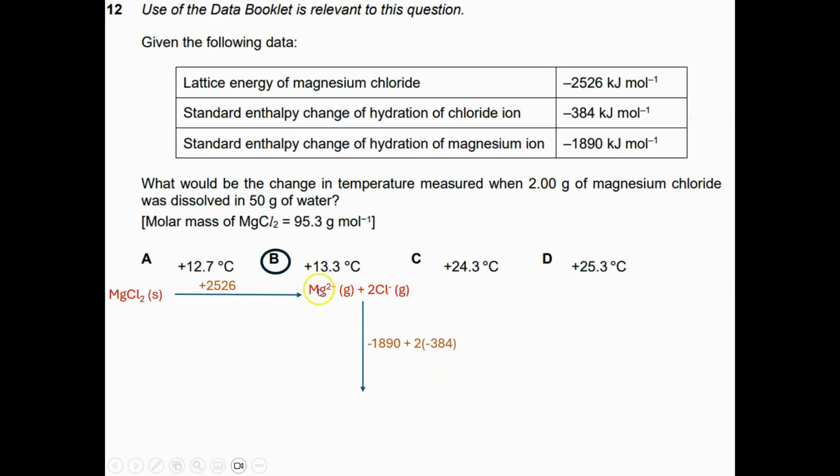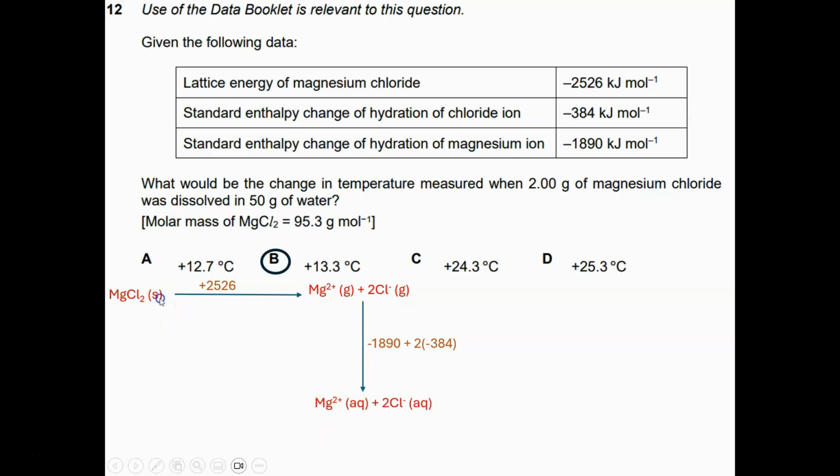So to hydrate magnesium ion, negative 1890, to hydrate 2 chloride ions, will be 2 times negative 384. Hydration is exothermic because it involves forming ion dipole interactions between the ions and water molecules. So I end up with aqueous ions.